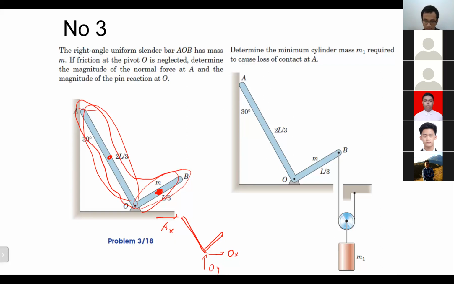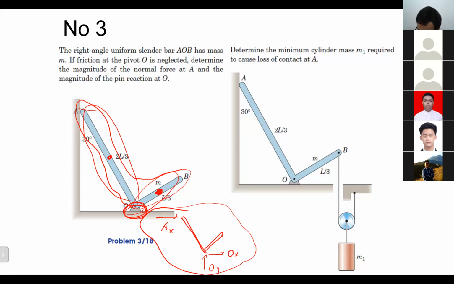That system will become my free body diagram. Everything else will become external force. So AX, OX and OY will become external forces, right? Yes. And remember, you cannot draw the pin O anymore. So in your free body diagram, it's supposed to be free of the pin, free of the fixed connection, free of the rotor as well. So you only draw the body.